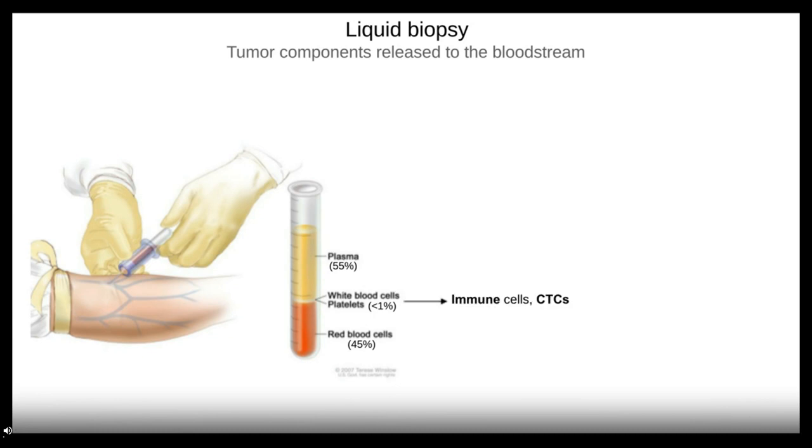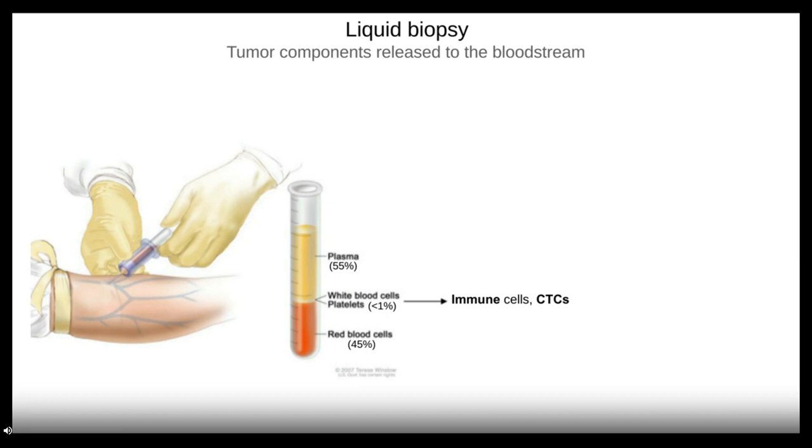From this thin white layer, you mostly collect the circulating tumor cells, and you have the immune cells. As you know, immunotherapy is a big thing now in oncology, and everybody is trying to identify biomarkers of response to immunotherapy. I wonder if systemic readouts coming from immune cells in the blood could be useful. There's not much done in HCC so far, but I think it's a promising source of biomarkers.